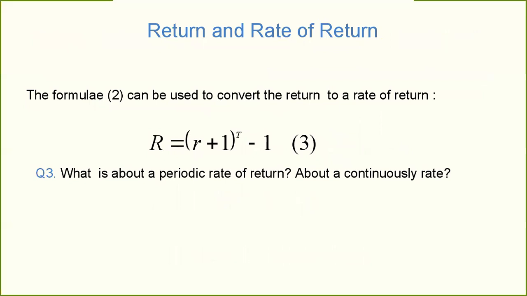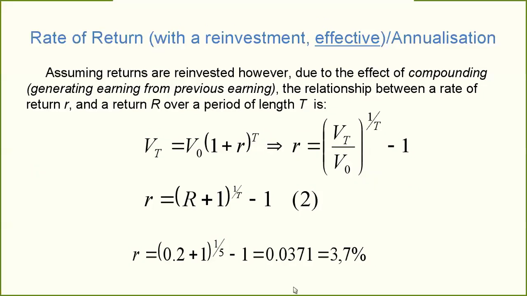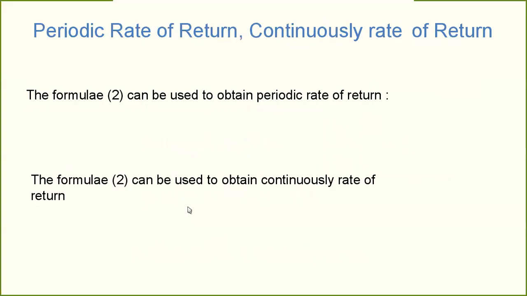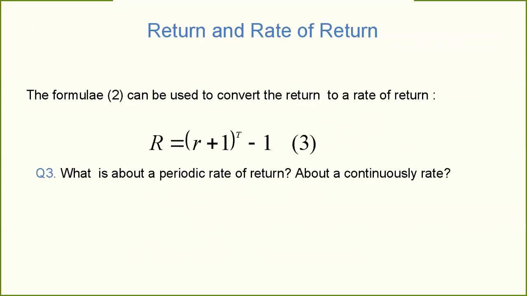And formula 2 can be used to convert the return to a rate of return. It's easy. From formula 2, we can get our capital. And my question is, what about periodic rate of return and continuous rate?